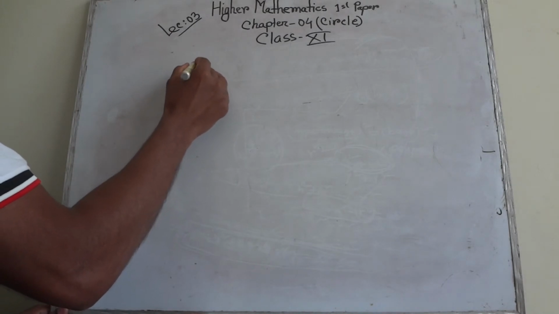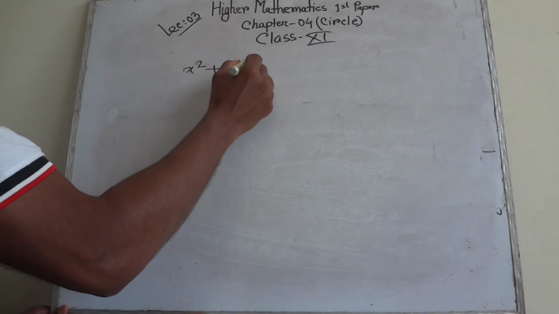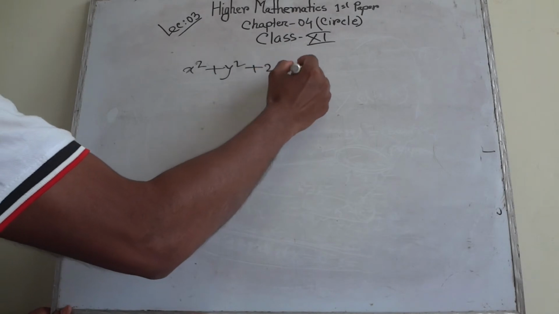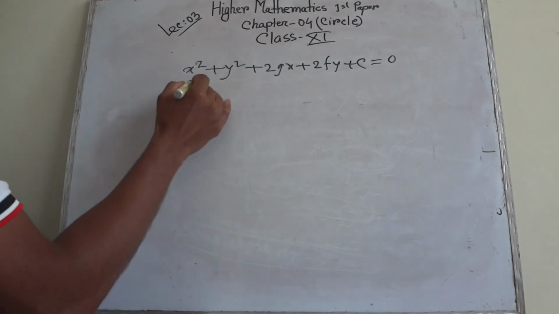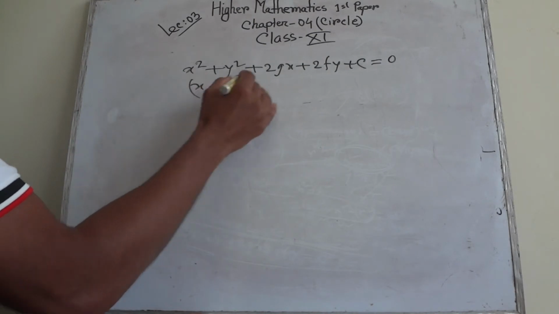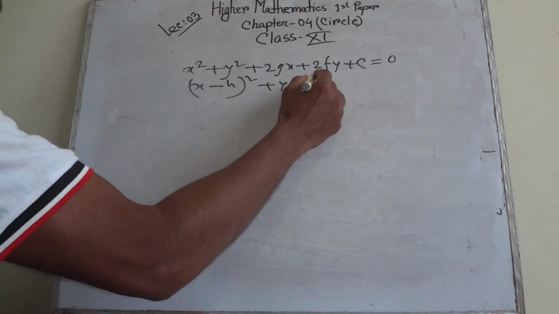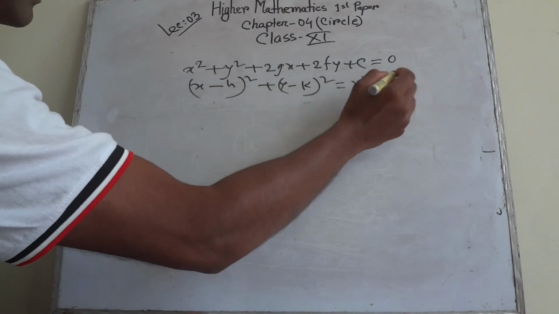Okay. Again, follow this. Again I write x square plus y square plus 2gx plus 2fy plus c equals 0, and (x minus h) whole square plus (y minus k) whole square equals r square.